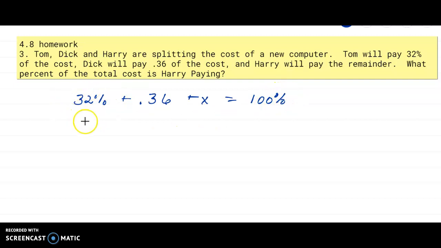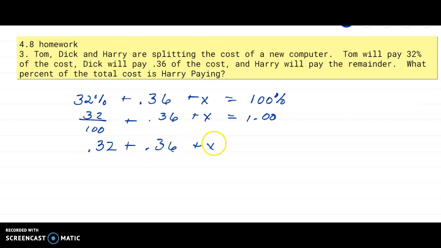So now I have to change this to a fraction. 32% is equal to 32 over 100 plus 0.36 plus x equals 1.00. So 100% equals 1 whole amount. So 32 hundredths is equal to 0.32 plus 0.36 plus x equals 1.00.